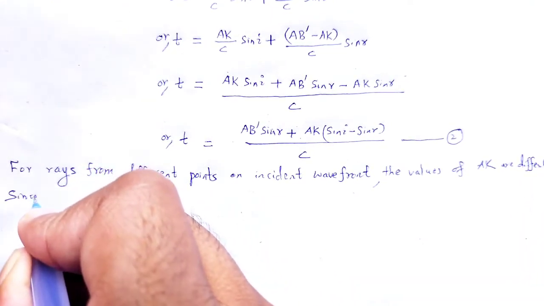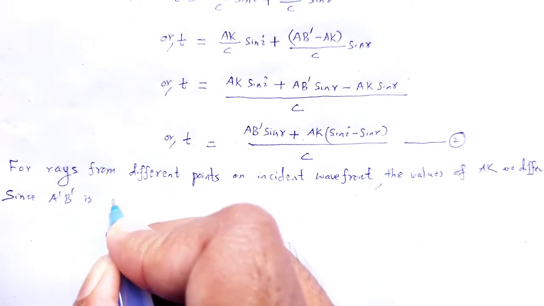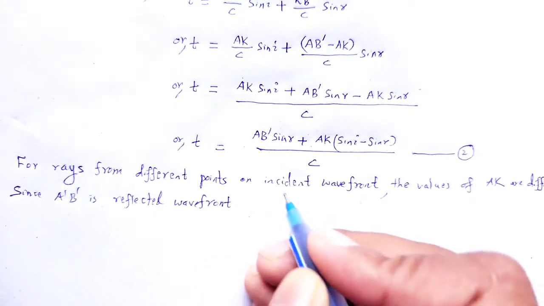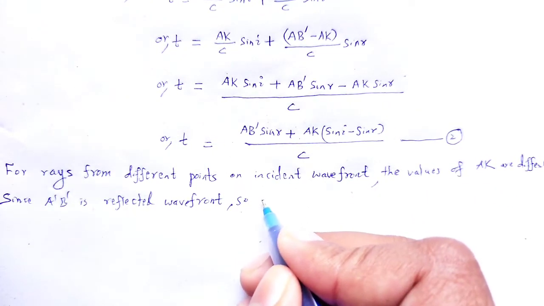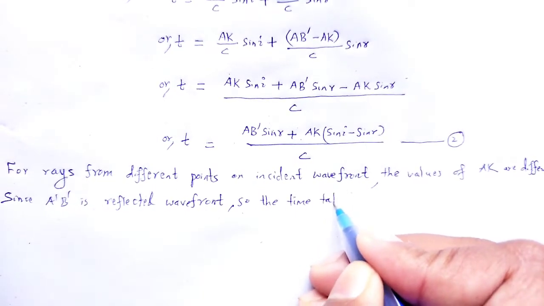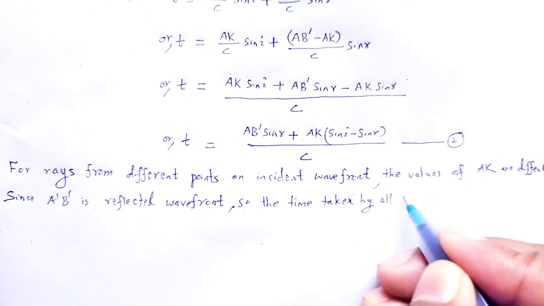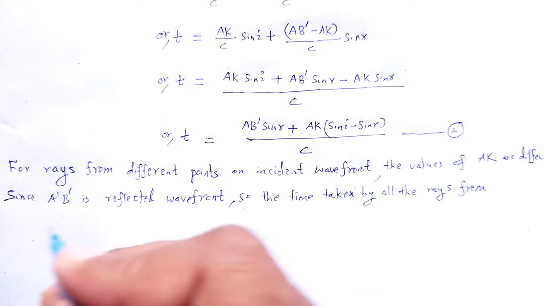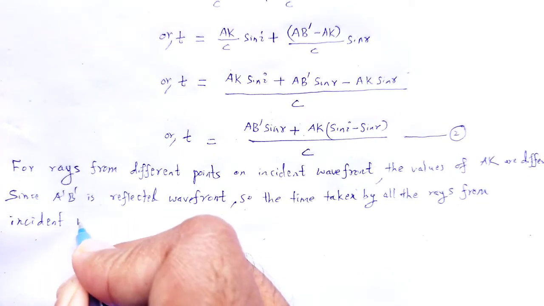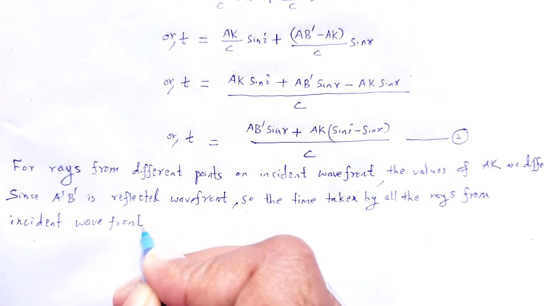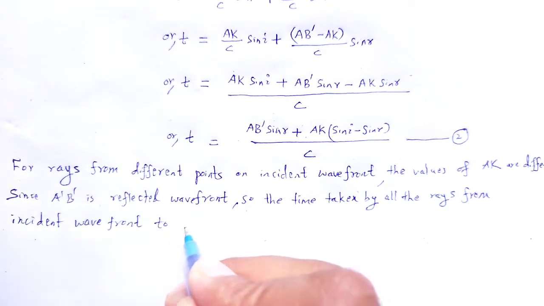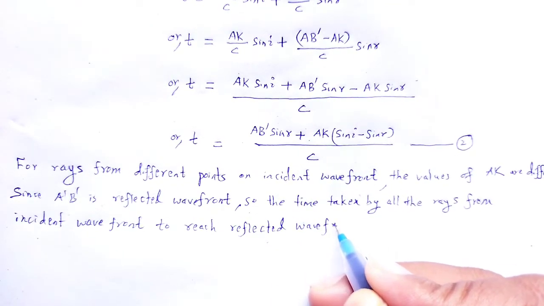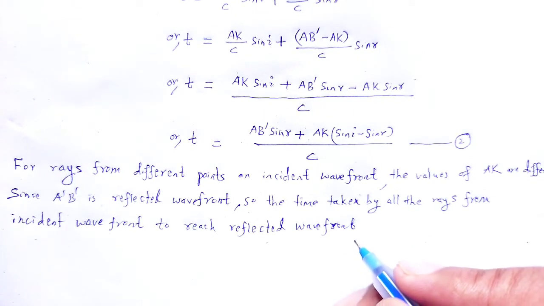Since A'B' is the reflected wavefront, the time taken by all the rays from the incident wavefront to reach the reflected wavefront has to be the same.